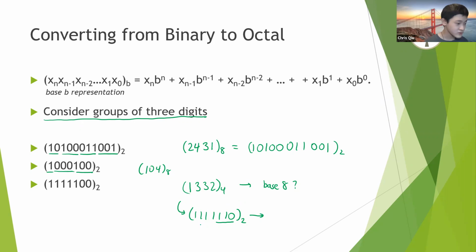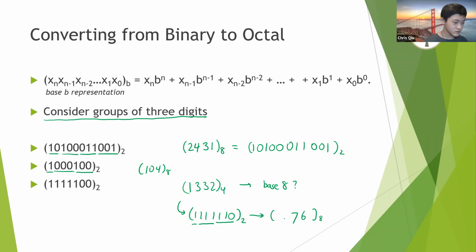To convert this number to base 8, we take groups of 3 digits like this, and we write them in base 8. So 110 denotes 6 because 110 is 4 plus 2, which is 6. 111 denotes 7 because 111 is 4 plus 2 plus 1, which is 7.